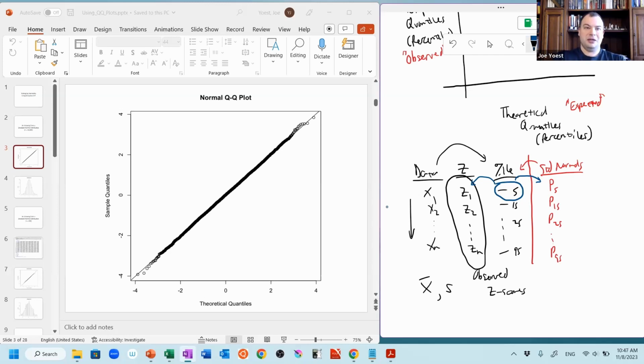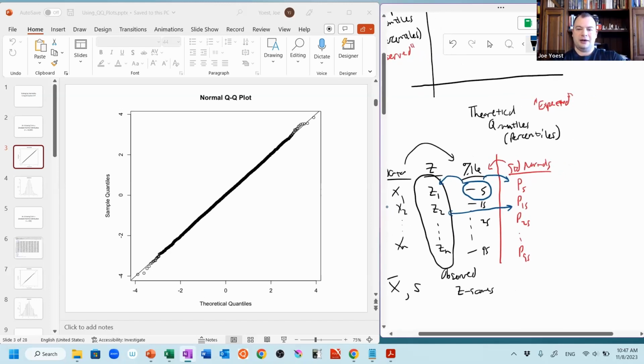Again, this would only be P5 if we had a sample of size 10, right? But I'm just using that as an example here. These two should correspond exactly. These should be the same number. And the same with these two. If my data set was a perfect representation of a normal distribution, then its second z-score, Z2, should correspond directly to that second Z index in the list of the standard normal percentiles.